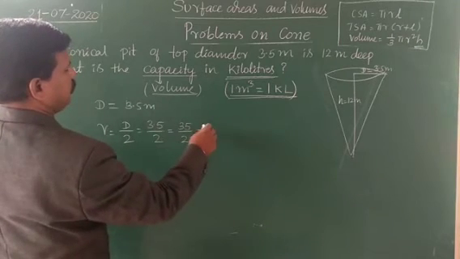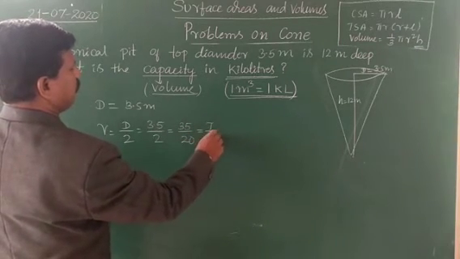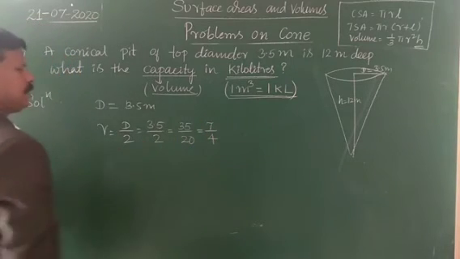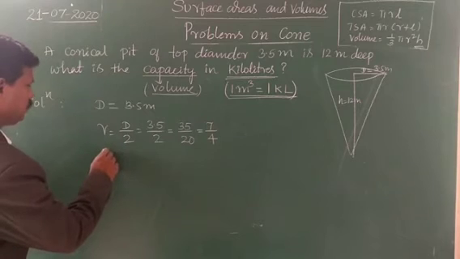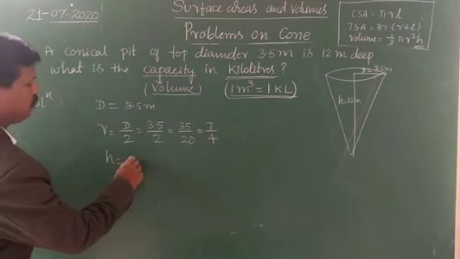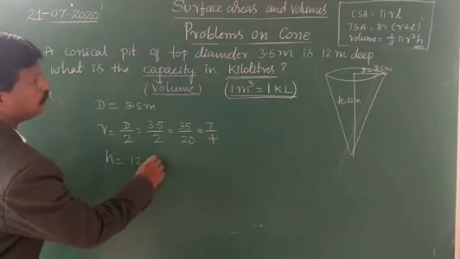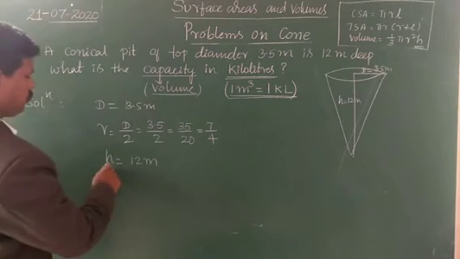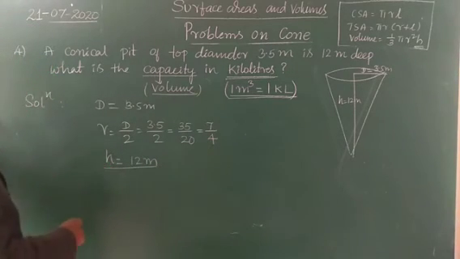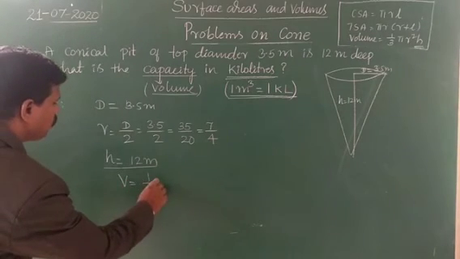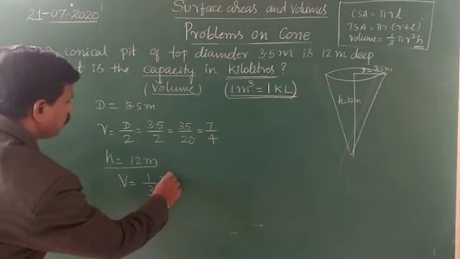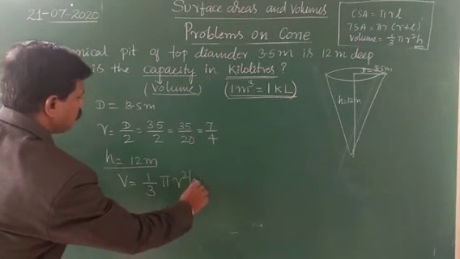Then 5 7s are 35, 5 4s are 20 in its simplest form. Then H is given. H is equal to 12 meter. Then capacity, that means V equals 1 by 3 pi r square h.